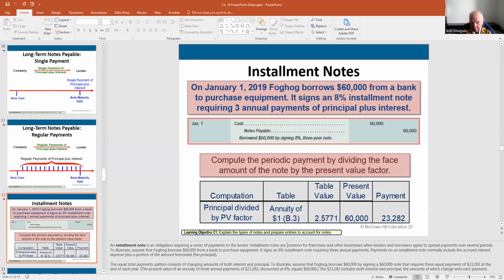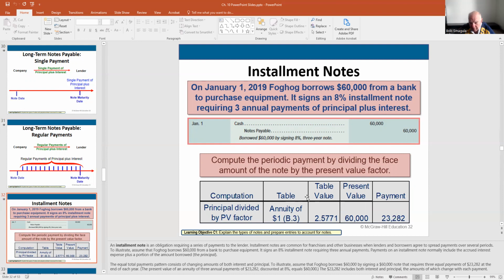Installment notes. Foghog borrows $60,000 from a bank, signs an 8% note, 3 annual payments, okay? So they borrowed $60,000 by signing an 8% note, huh? Compute the periodic payment by dividing the face amount of the note, which is $60,000.